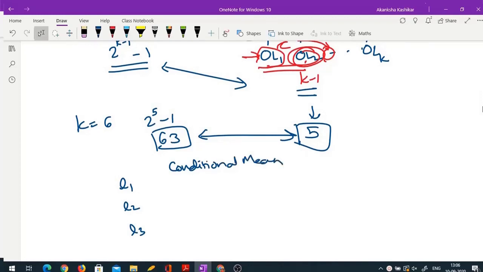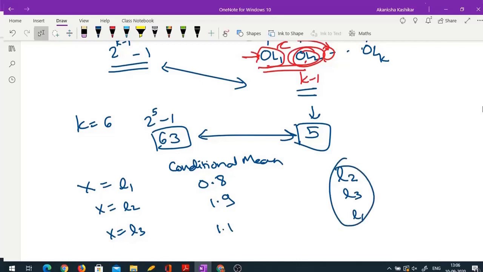So what is the mean of y when the level of x is 1? What is the mean of y when the level of x is 2? And what is the mean of y when the level of x is 3? So if it is, say, 0.8, 1.9 and 1.1, then I would arrange as L2, L3, L1, again in the order of conditional mean of y. So again, depending on y, I would decide which levels are neighbors and I would do the exact same exercise.